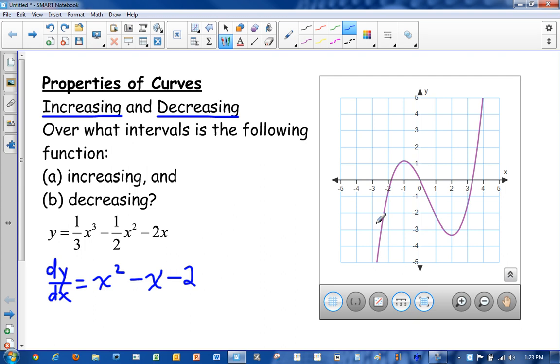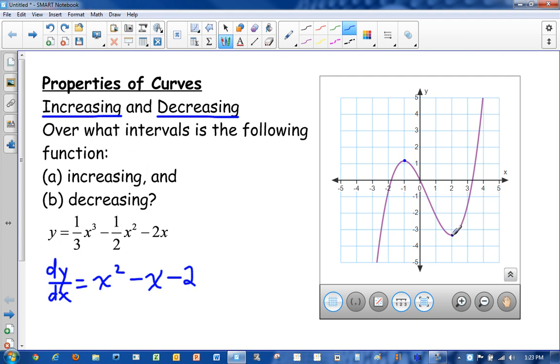So when this function is increasing, this derivative, x squared minus x minus 2, is positive. And when this function is decreasing, this expression, x squared minus x minus 2, is negative. So I want to know where those intervals are. Notice that when it switches from being increasing to decreasing, there's a moment right here where the slope of the tangent line would be 0.